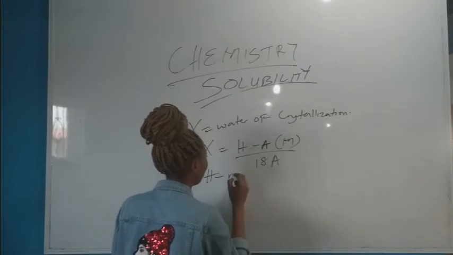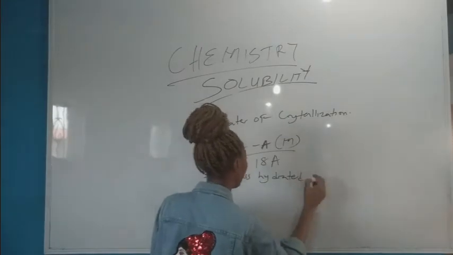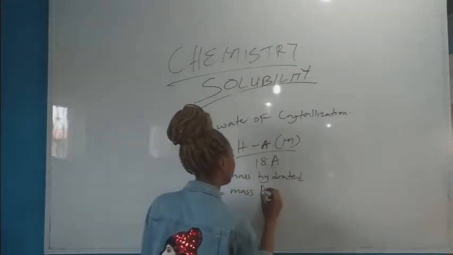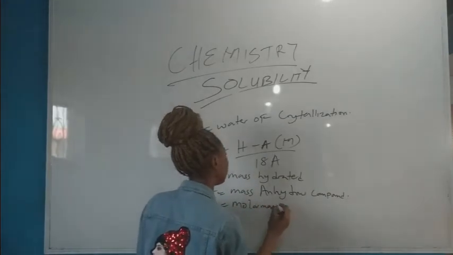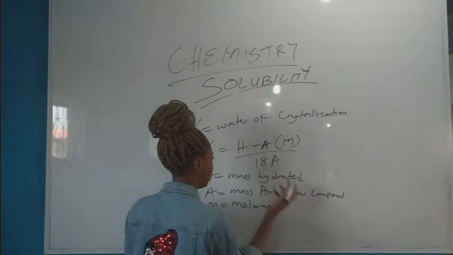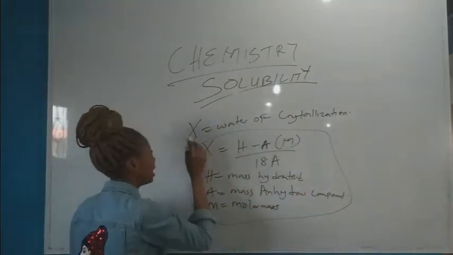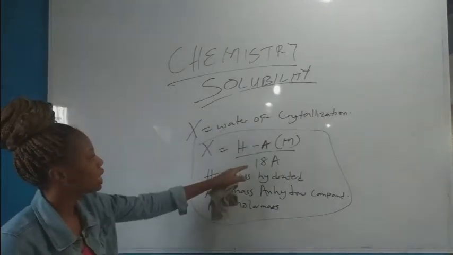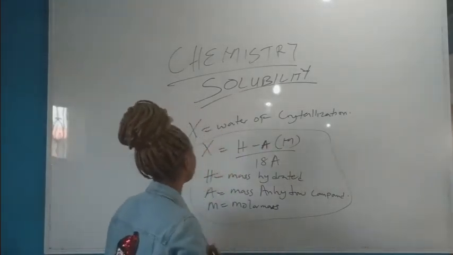H is equal to the mass of the hydrated compound. A is equal to the mass of the anhydrous compound. M is equal to the molar mass. Like I said, this is the meaning of all the parameters, and X is equal to the water of crystallization. This is the short formula for calculating the water of crystallization of any substance.